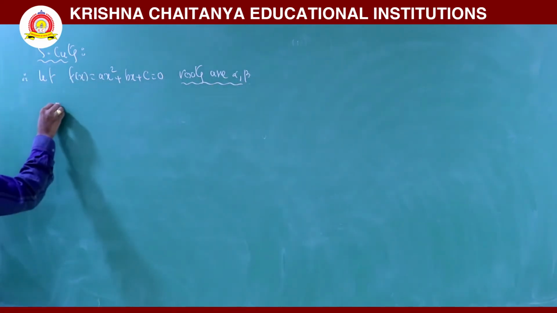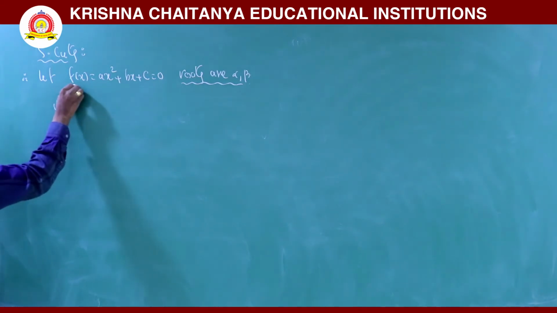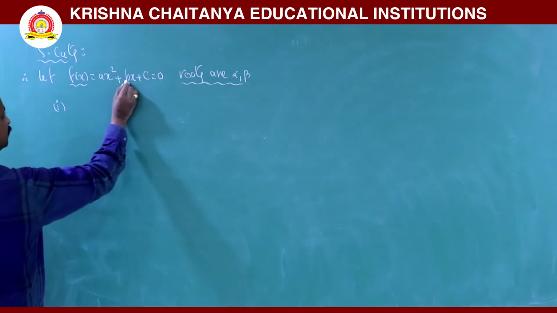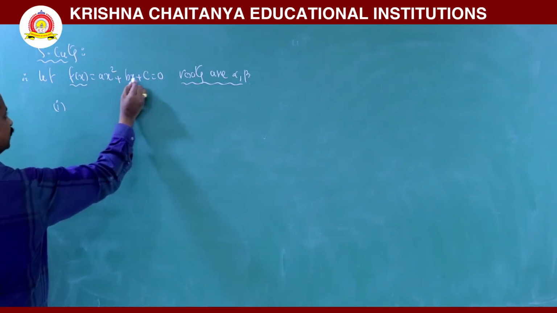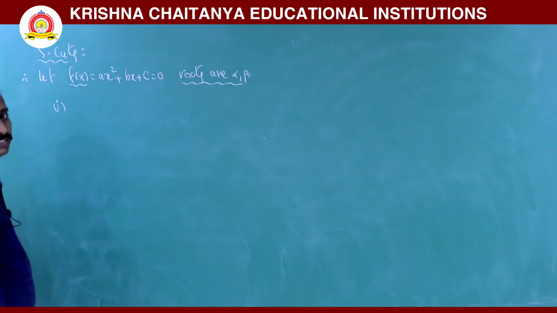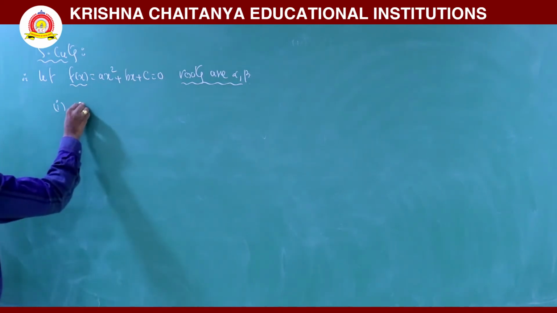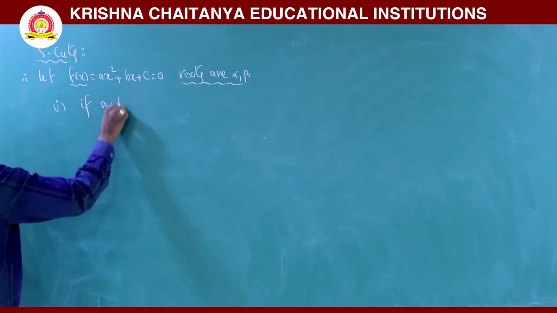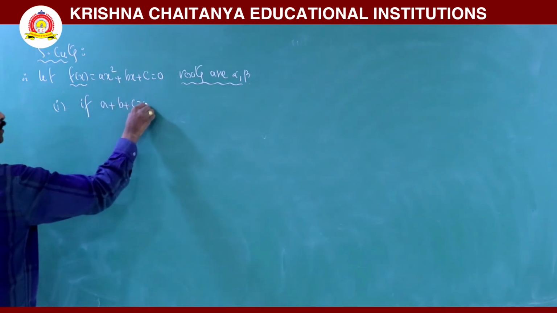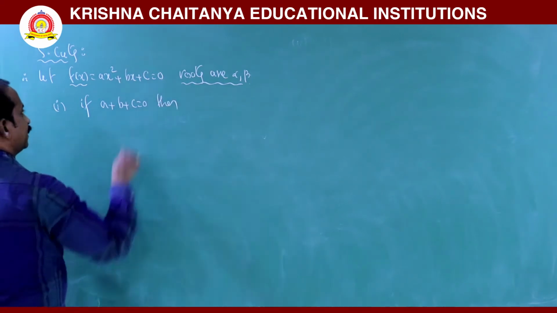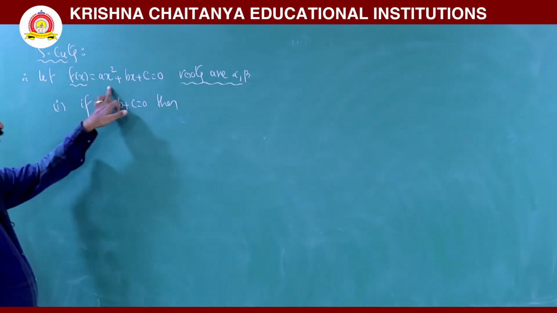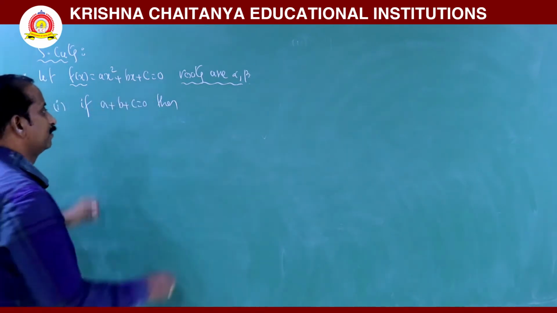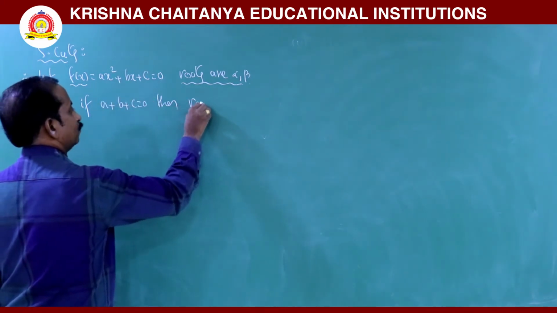First, in this polynomial f of x is equal to 0, if the sum of the coefficients of x square, x and x power 0 is 0, that is, if a plus b plus c is equal to 0, then the roots of such a polynomial I can write directly as 1, c by a.